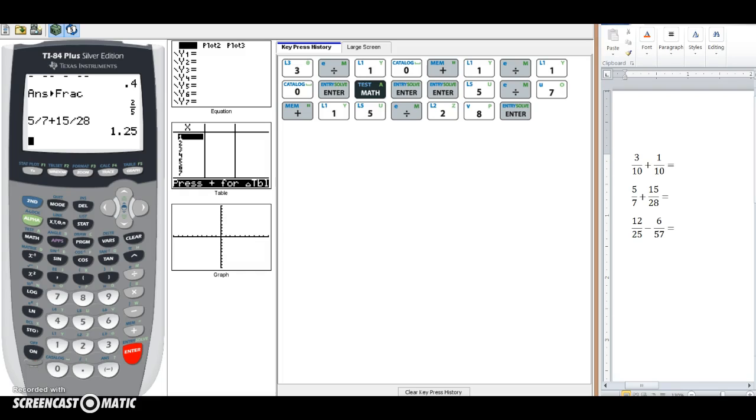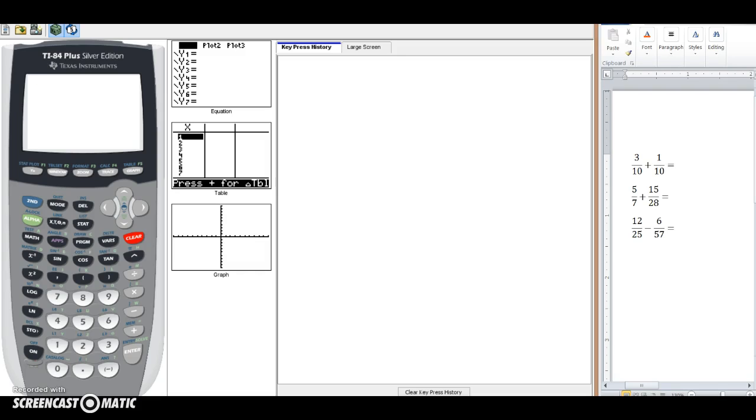And I want to convert this answer to a fraction form, so press math, enter, enter one more time, and you see that the final answer is 5/4. And again, I want to remind you that the fraction answer that you get on your calculator is always reduced to the lowest term.